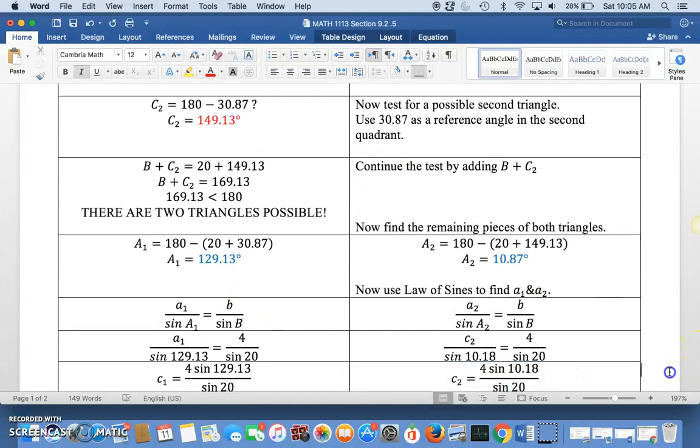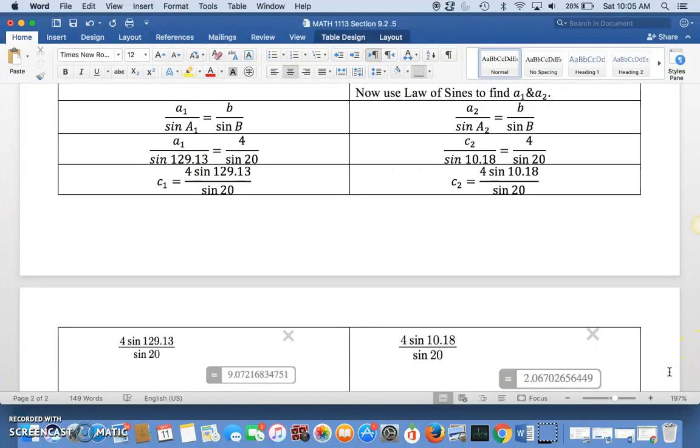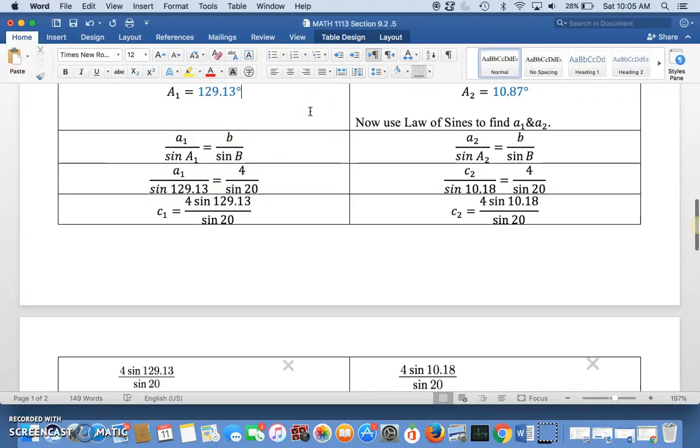To find a1, this is your setup. a1 is to sine of 129.13, because remember, that's what we found for angle A1, as 4 is to sine of 20. Those were in the original problem. Use what's in the original given printed text as much as you possibly can.